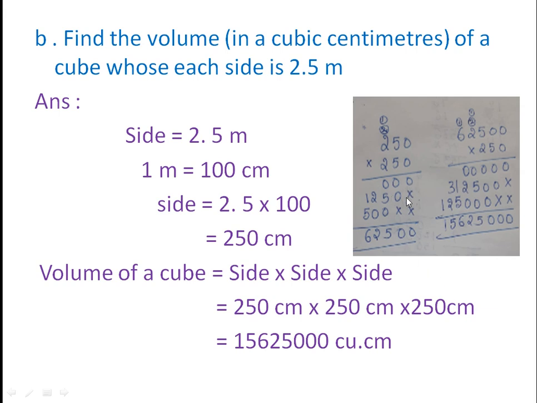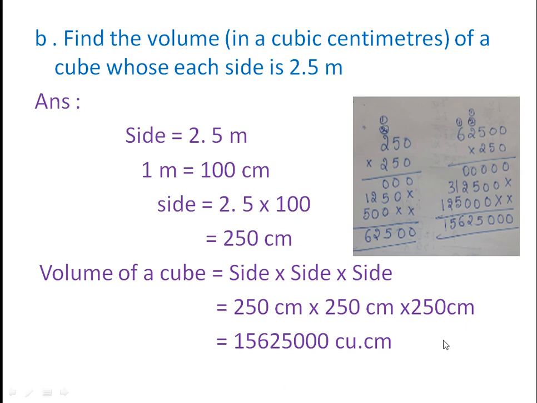I already calculated here. 250 multiplication and we will get this answer, and multiplied with this one is 1,56,25,000 cubic centimeters is the answer for this application based question. Okay, you see here answer is cubic centimeters. We want that cubic centimeters. Okay, this is the application based questions and also solve the problems.